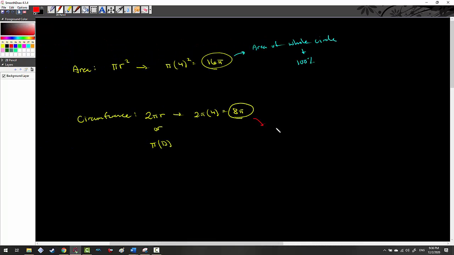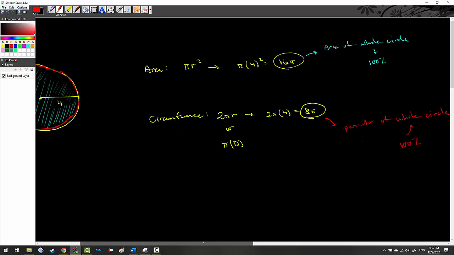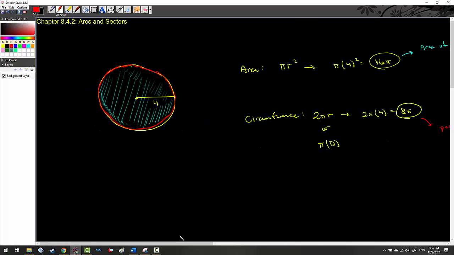This is the circumference or perimeter of the whole circle. And when I say whole circle, again, I mean 100% of the circle. So again, procedurally, it's not that hard, but we really need to understand that when we're finding the area, we're finding 100% of the area, or 100% of the circumference or perimeter.